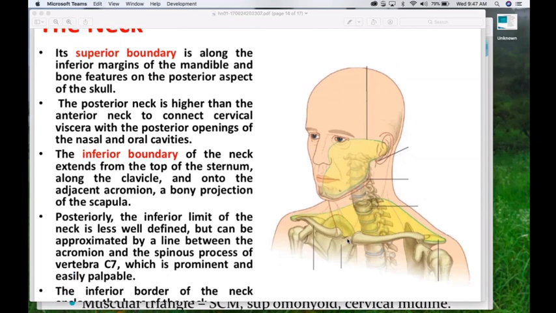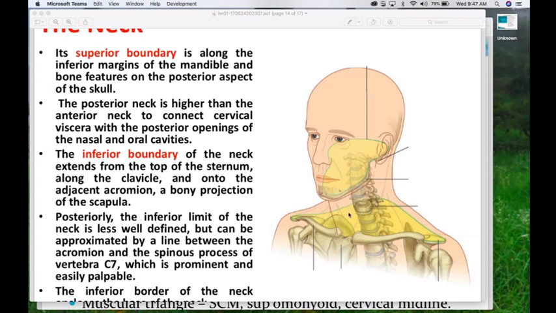Okay, now neck. The superior boundary of the neck is along the inferior margin of the mandible and the bony features of the posterior aspect of the skull. The posterior neck is higher than the anterior neck to connect the cervical viscera with the posterior opening of the nasal and oral cavities.